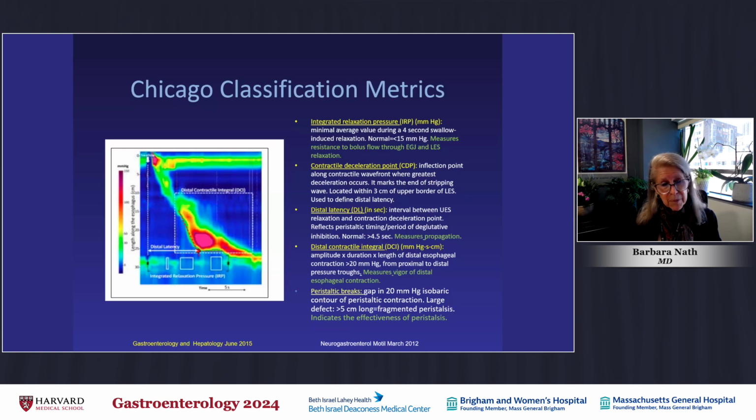And finally, peristaltic breaks, which are breaks between the striated and smooth muscle portion of the esophagus, are a measure of the effectiveness of peristalsis. So any break that's greater than 5 centimeters will affect peristalsis and actually goes into the definition, as we'll see, of ineffective esophageal motility.